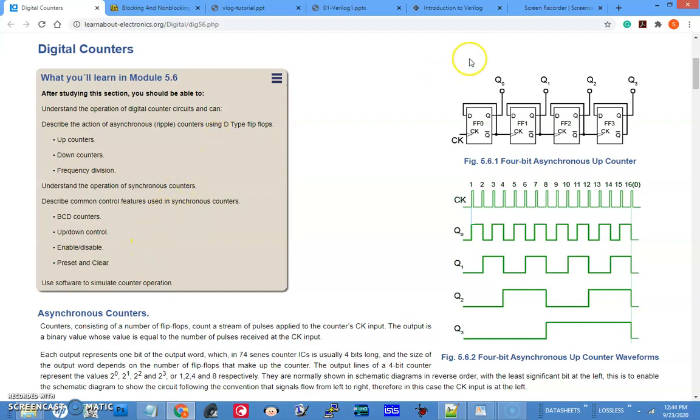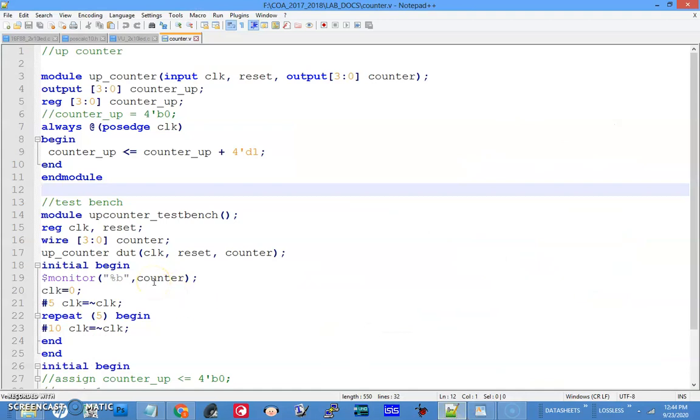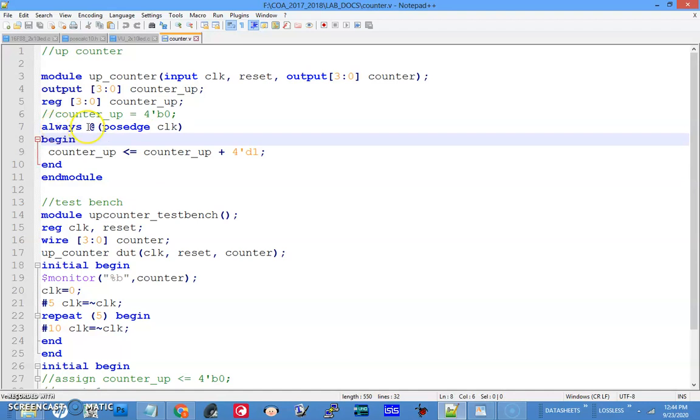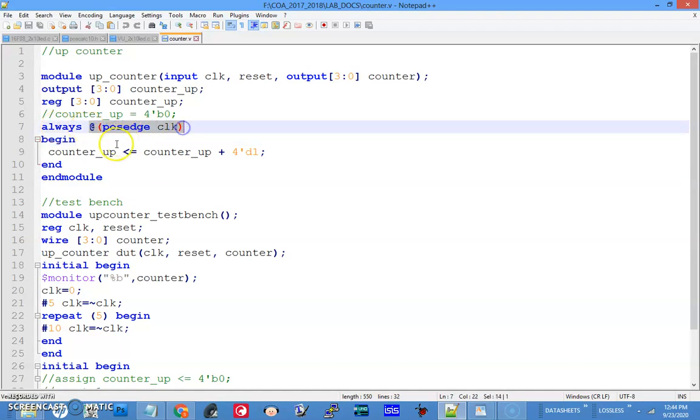Now I'll take you to a very small counter example source code. This is actually an up counter. You'll have a counter module with an always block. Always on the positive edge of the clock, you are incrementing the counter. 4'd1 stands for a 4-bit value, the decimal equivalent of 1.